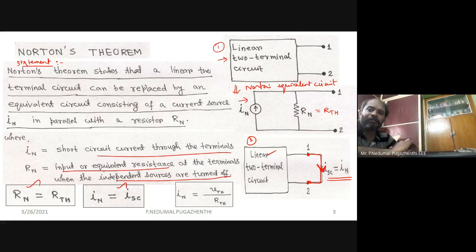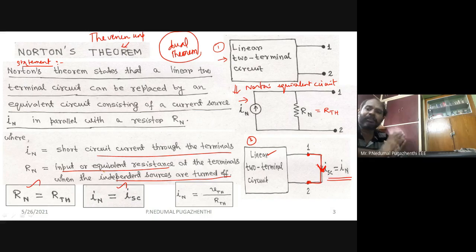Thevenin's theorem and Norton's theorem are related to each other. Thevenin's equivalent can be source transformed into a Norton's equivalent, and Norton's equivalent can be source transformed back to Thevenin's equivalent. So we call Norton's theorem and Thevenin's theorem dual theorems, because they support each other.